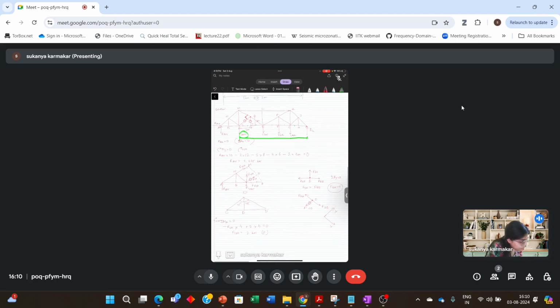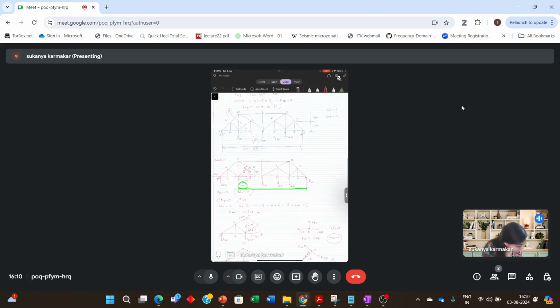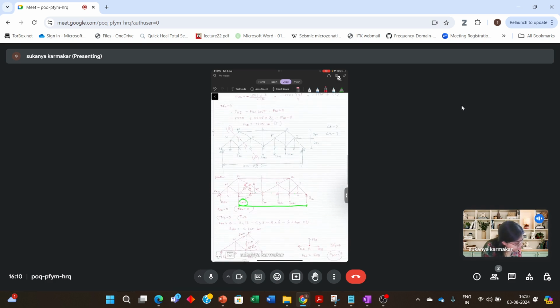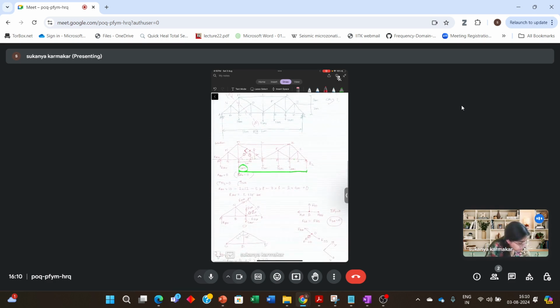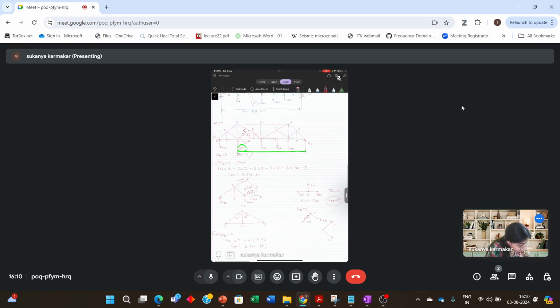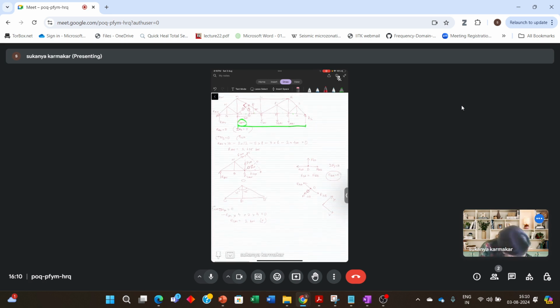Okay. Now, what is done? FCM is done. Now you have to calculate FCD, force in the member CD. How do I do it? I again take summation of moment about point M. If I take summation of moment about point M, then this FNM will pass through point M. So moment due to FNM will be 0.